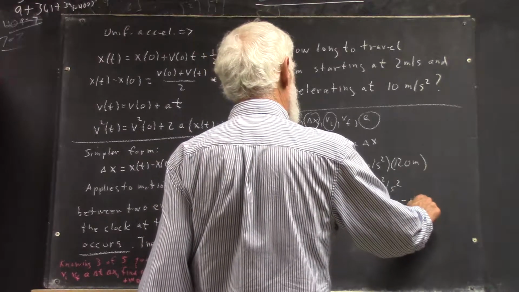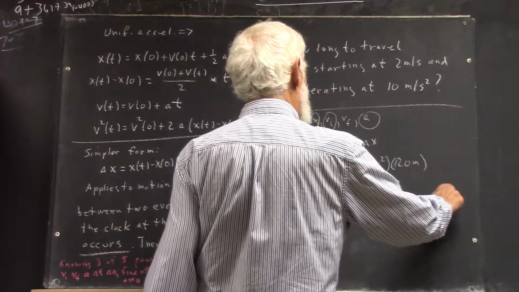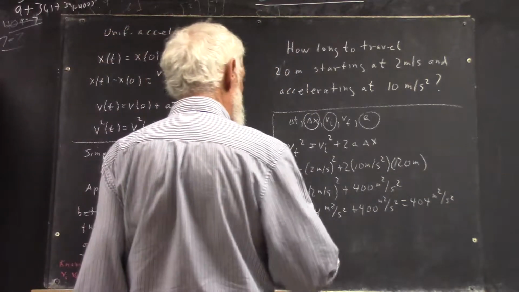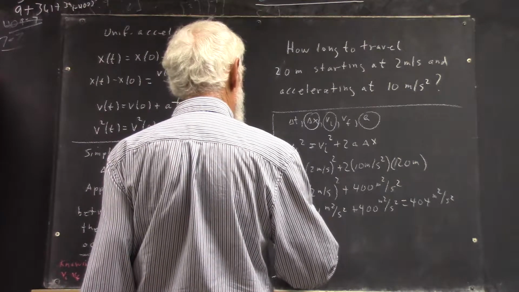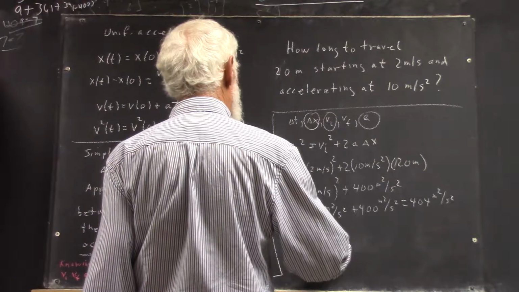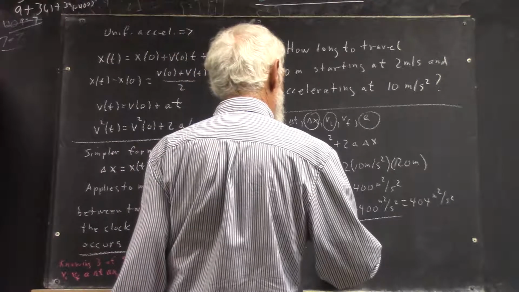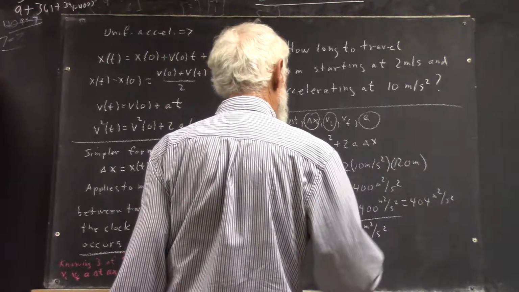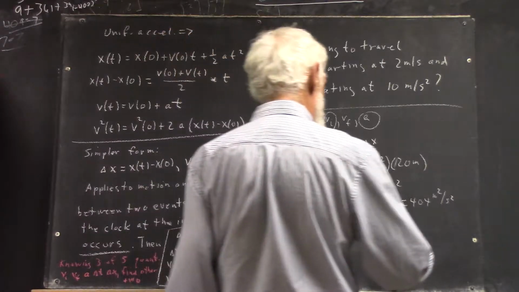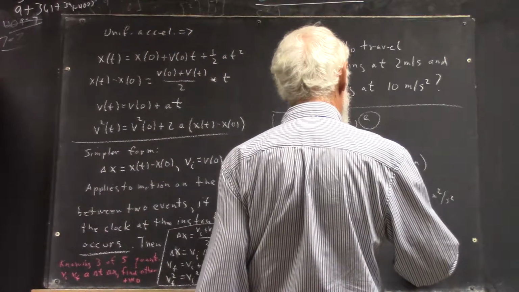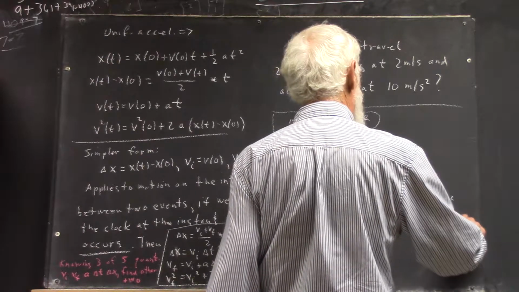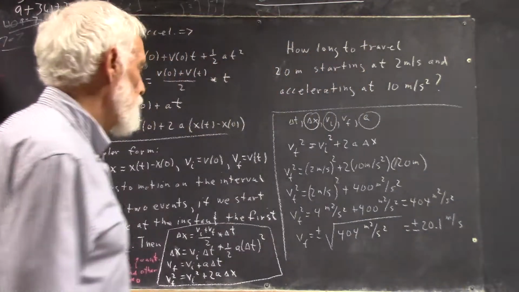And that equals 404 meters squared per second squared. So that VF can be plus or minus the square root of 404 meters squared per second squared, which could be plus or minus 20.1, very close to 20.1 meters per second.